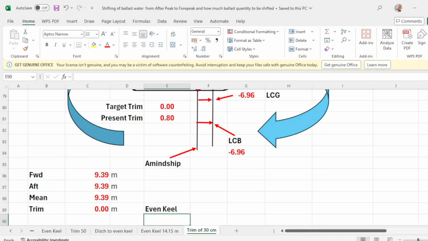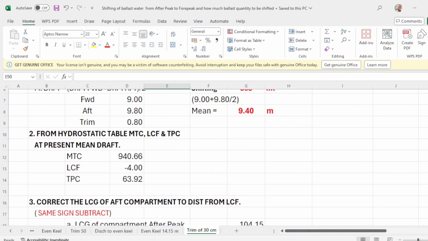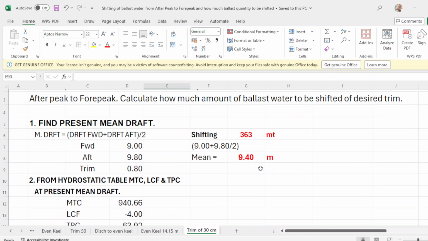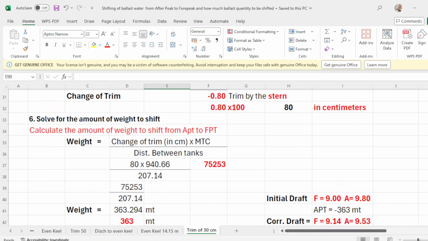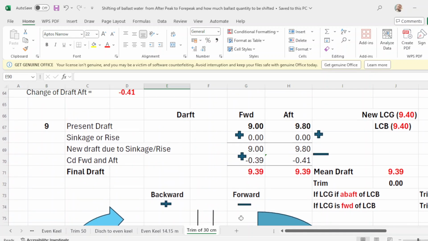But actually, it should have been 9.40 because you only changed by shifting cargo. But according to your manual computation, your drop should be 9.39 forward and up.